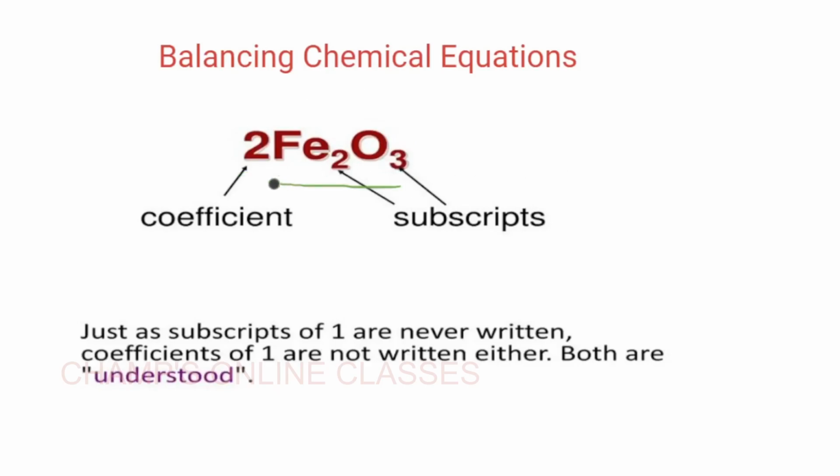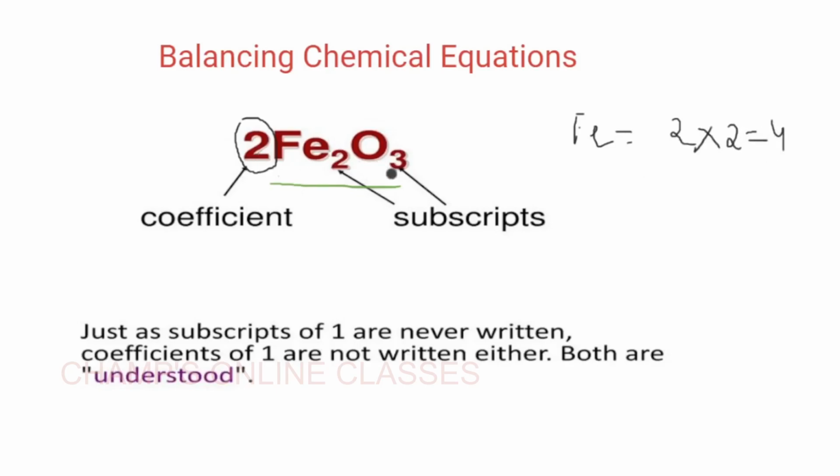Calculate number of atoms. Now tell me how many Fe atoms are there in this formula. This coefficient will be multiplied with the subscript of Fe. So the number of Fe atoms is 2 into 2, that is 4.